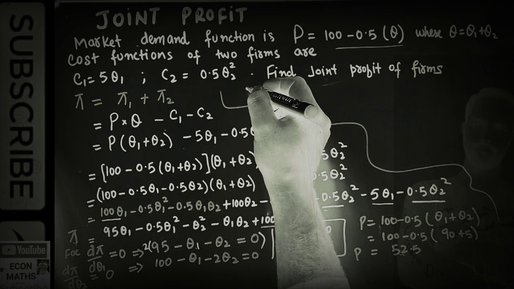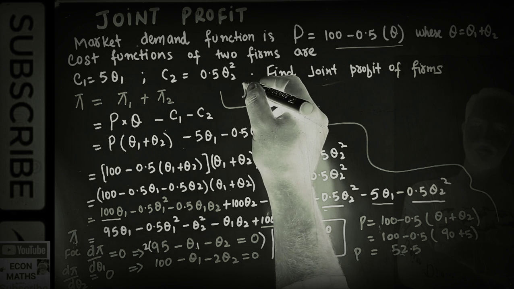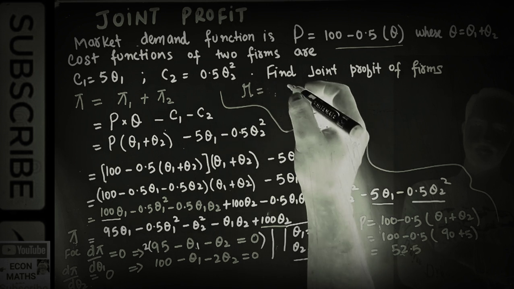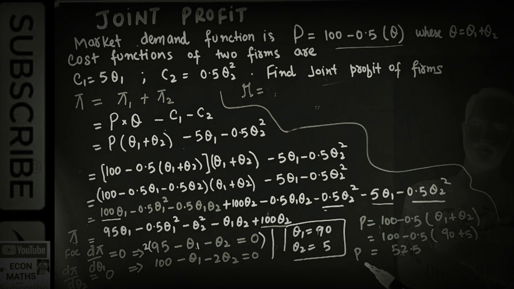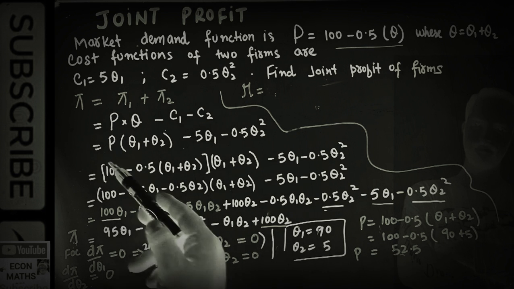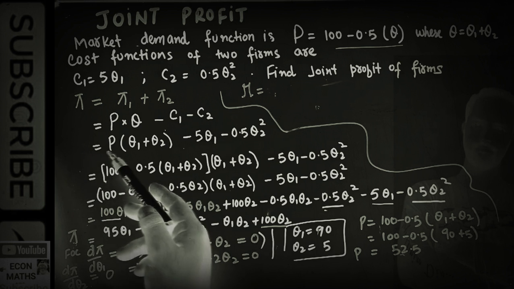Now the total profit is obtained by plugging the values of q1, q2 and p into this equation.